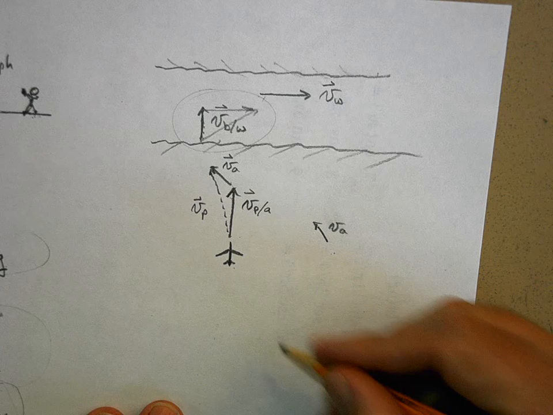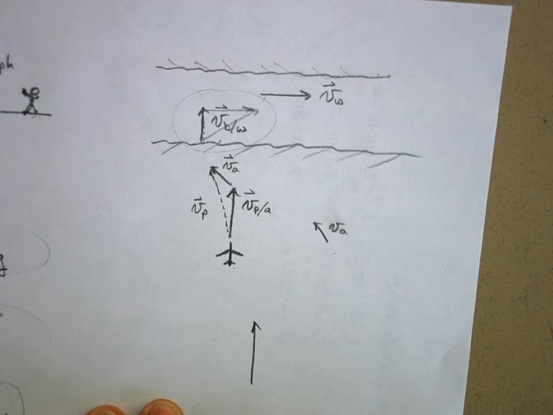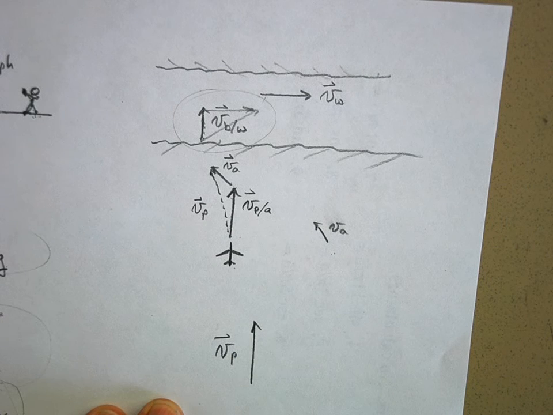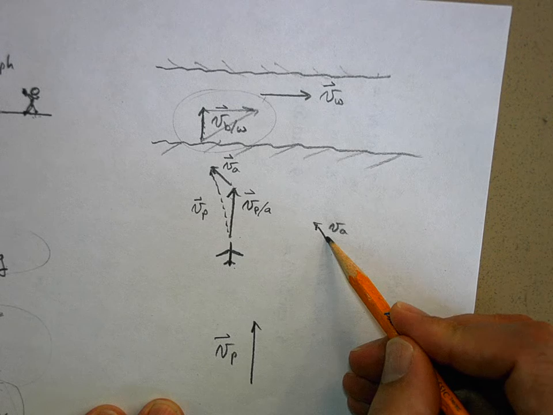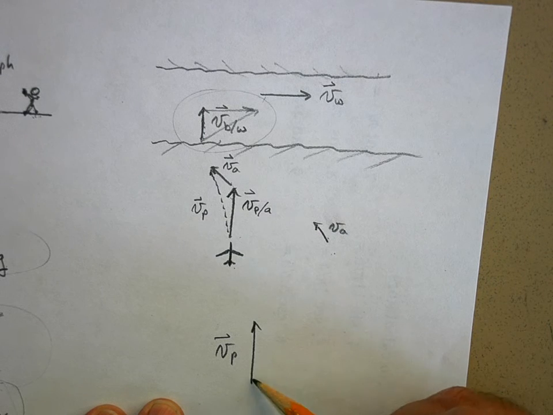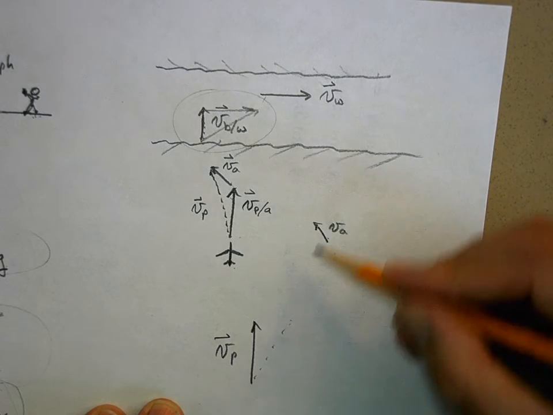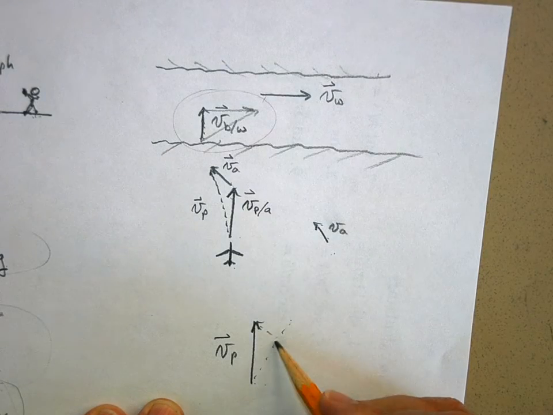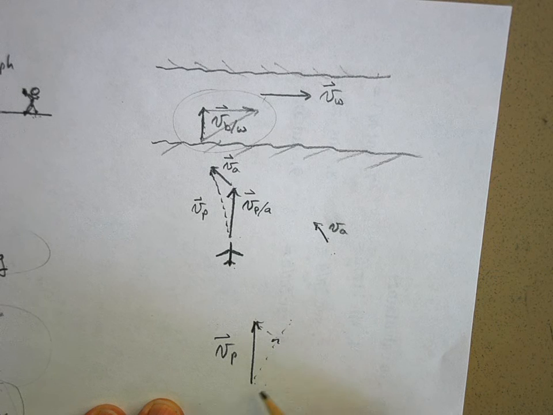So what they're saying is we want the velocity of the plane to be due north. So here's the velocity of the plane, due north. And they say the wind speed is like this. So you know that the velocity of the plane with respect to the air plus the velocity of the air, so you construct the triangle.